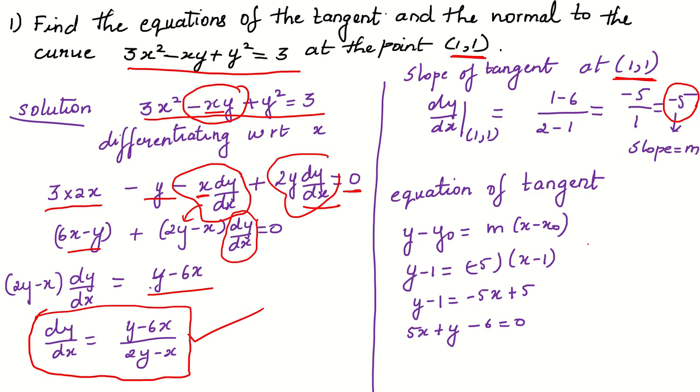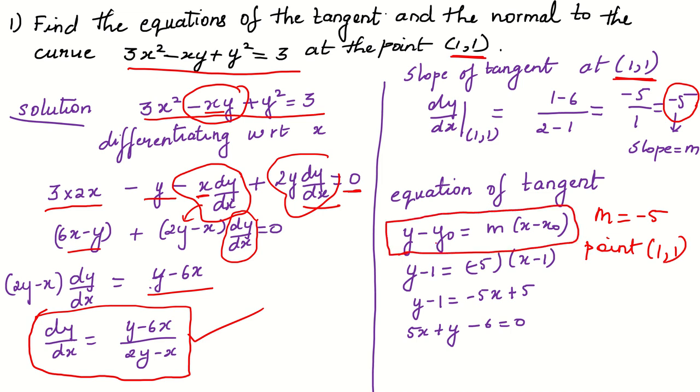So given m is minus 5 and the point which is 1 comma 1, I will use the standard equation of a line formula and substitute. y naught is nothing but 1 and x naught is also 1.